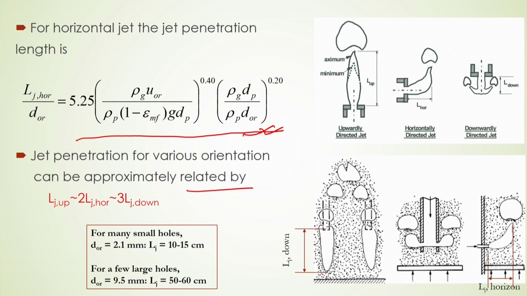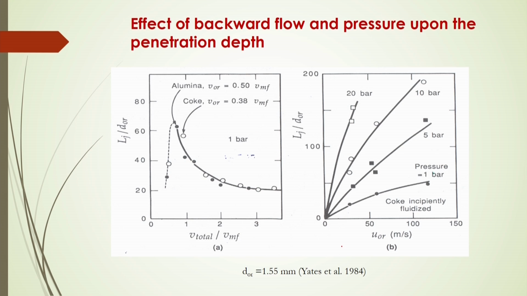So, in this diagram you see that sometimes these nozzles will give you the downward jet, and this length is called LJ down. 3 times this LJ down will give you the upward penetration length, L upward.